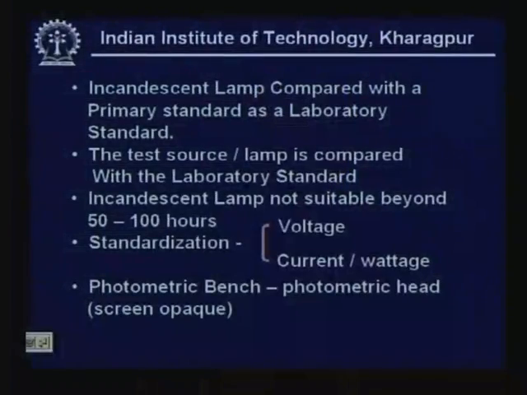This is done by having what we call a photometric bench, and the test lamp along with the standard lamp, or the laboratory standard lamp, is compared, and the radiation from these two sources is observed on an opaque screen called the photometric head. This will become clear when we see the diagram.